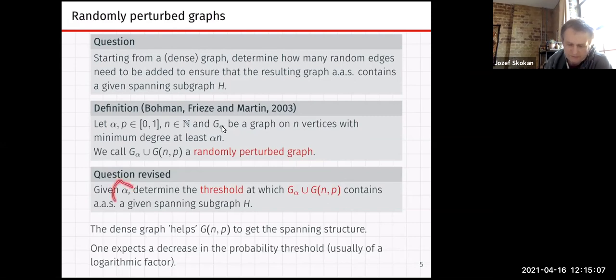Now our question is revised into the following form. Given alpha, determine the threshold at which the graph G_alpha union G(n,p) contains almost surely a given spanning subgraph H. You would hope that starting from some dense graph instead of an empty graph will help the random graph get the spanning structure faster. So you would expect that the threshold for this probability p will go down a little bit, and usually this changes by some logarithmic factor.